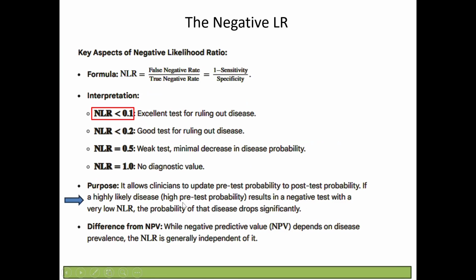For example, if a highly likely disease, according to clinical judgment, results in a negative test with a very low NLR, that is maybe less than 0.1, the probability of the disease drops significantly. While negative predictive value depends on disease prevalence, the negative likelihood ratio is generally independent of it.